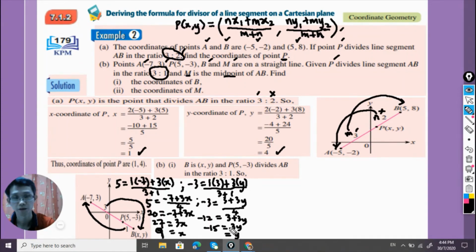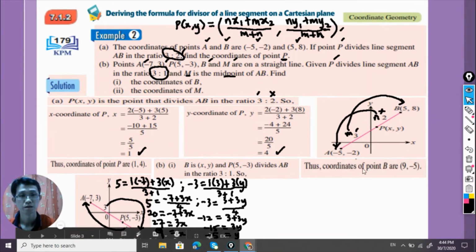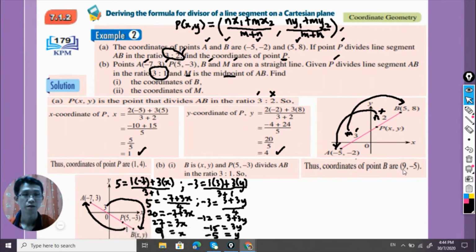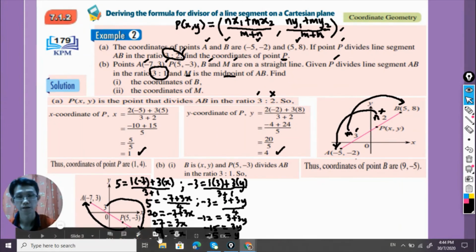Finally, y will be -15 divided by 3, which is -5. So after you get this, you can express the coordinates of point B in coordinate form, with the x 9 and the y -5.